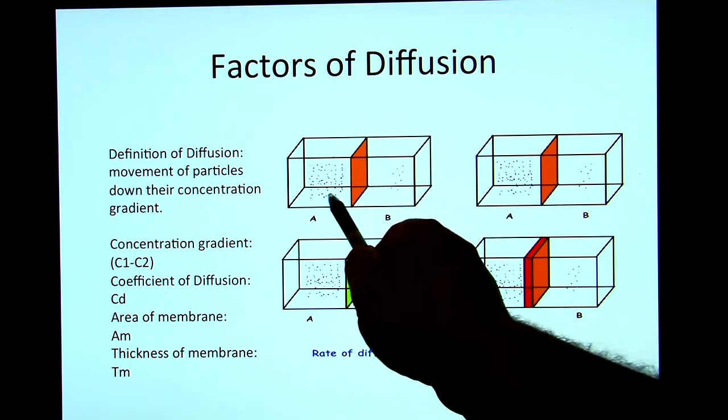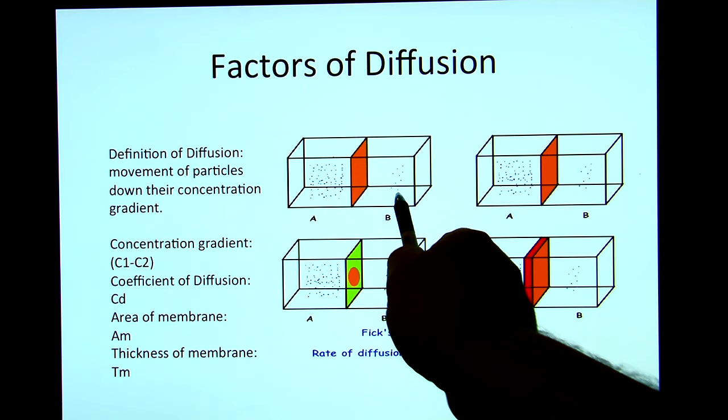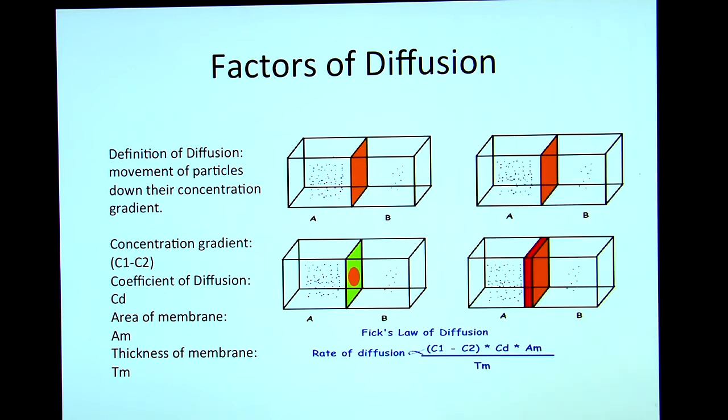If the concentration gradient were essentially non-existent, in one sense we say that when concentration 1 over concentration 2 equals 1, you really don't have a concentration gradient set up anymore.